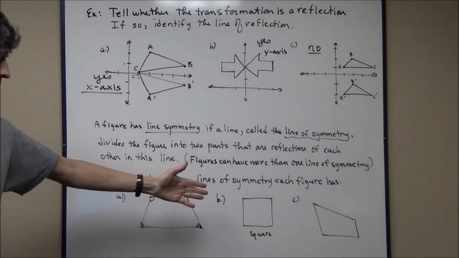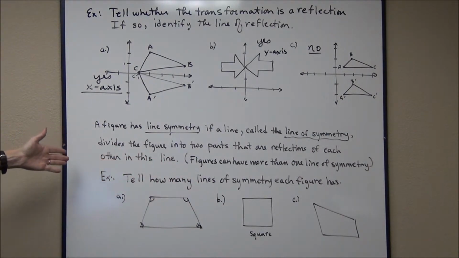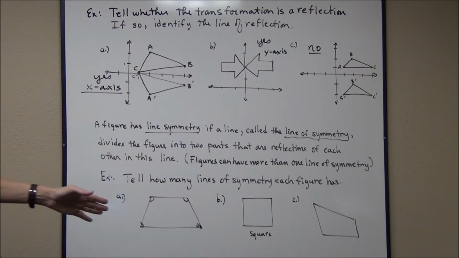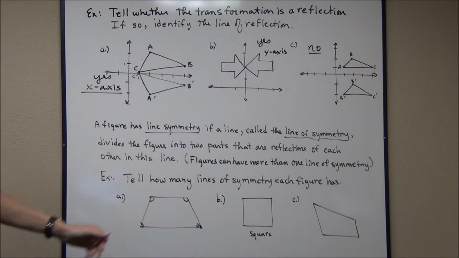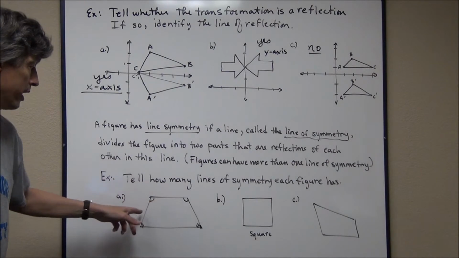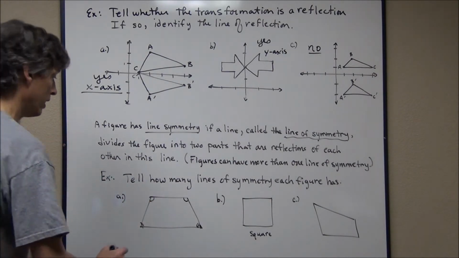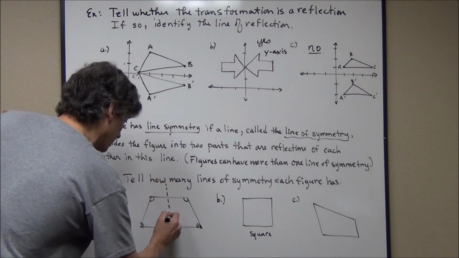So I have some examples here, and I want to determine how many lines of symmetry each figure has, because sometimes figures have more than one line of symmetry. What I tried to draw here was an isosceles trapezoid, which means that the legs are the same length. And it has one line of symmetry, and I'm going to try to model it right here.